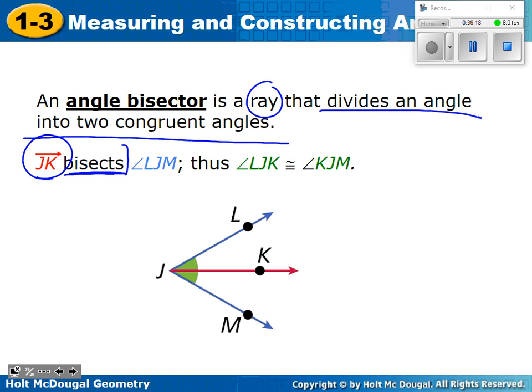If you see that word bisects, the very first thing you should do is go to your picture and put some arc marks on it. This little part is now congruent to this little part. You now know that they should have equal measures. So angle bisector is just like a midpoint bisects a line segment, an angle bisector bisects an angle.